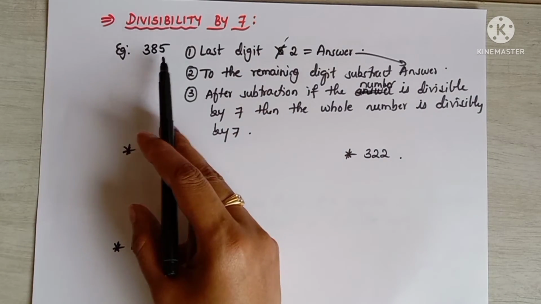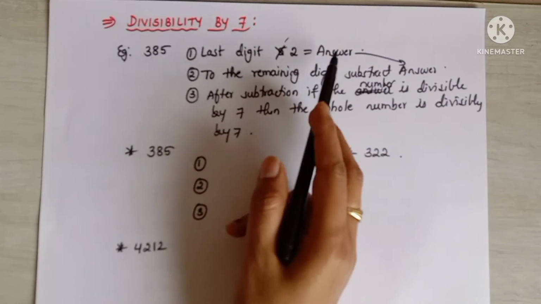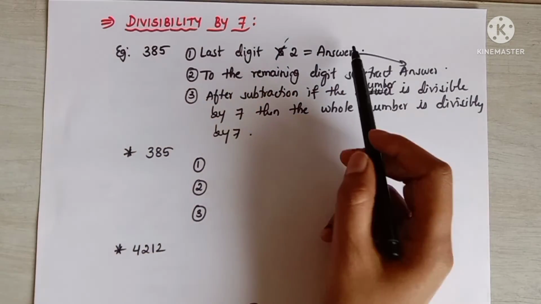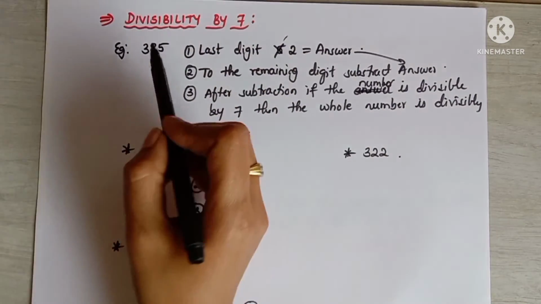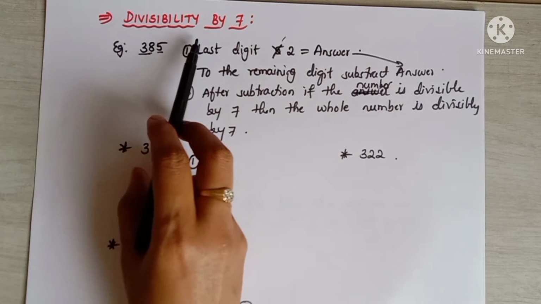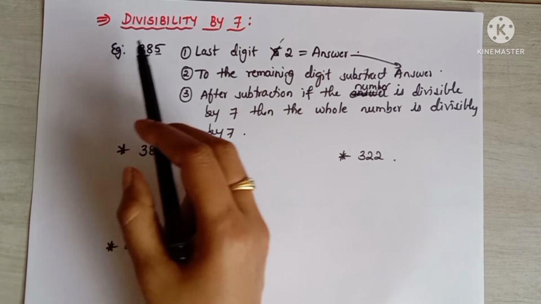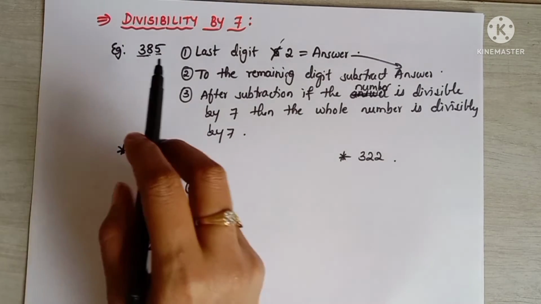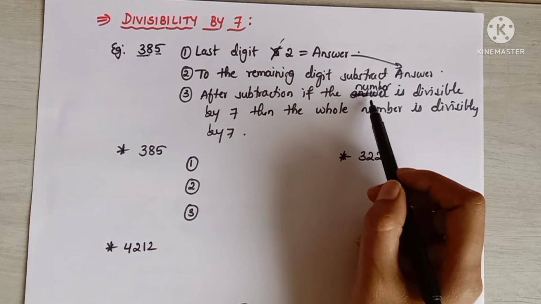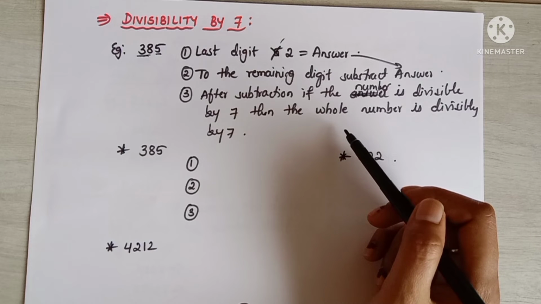After multiplying this last digit by 2, we have to subtract that answer from the remaining digits, leaving the last digit. After subtracting, if the result is divisible by 7, then the whole number will be divisible by 7.